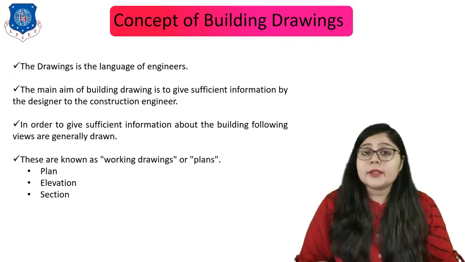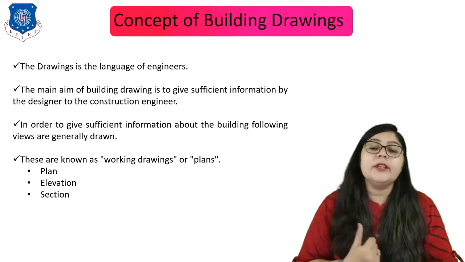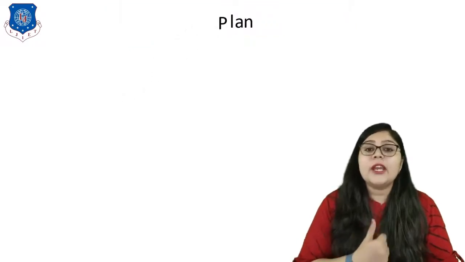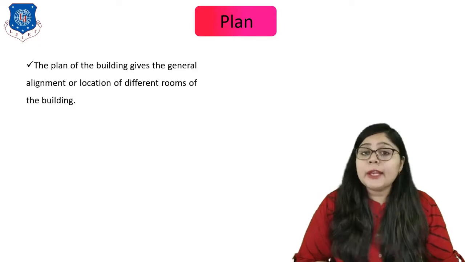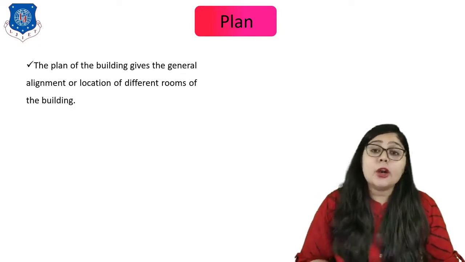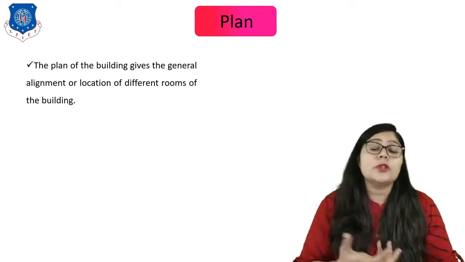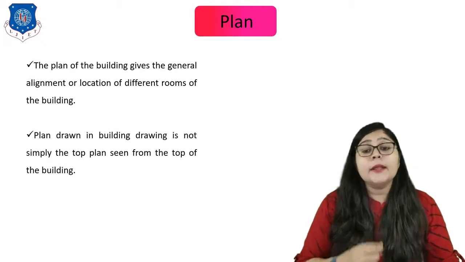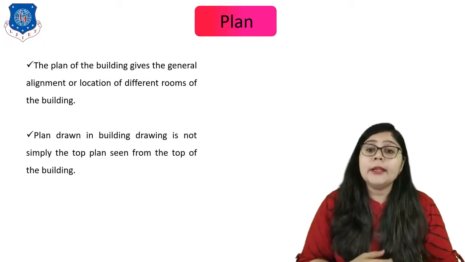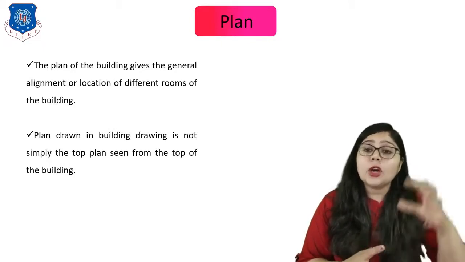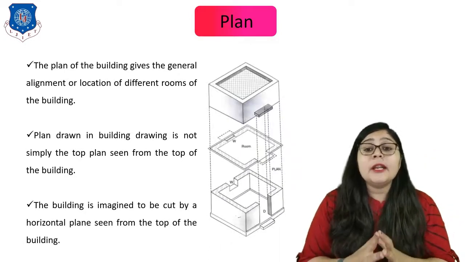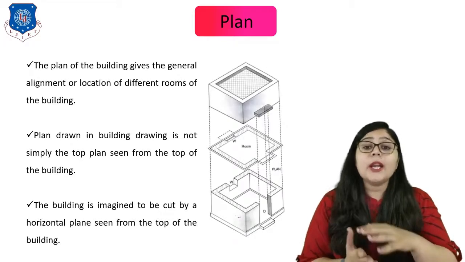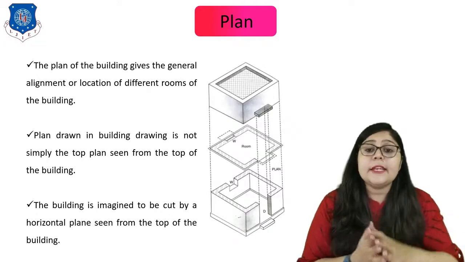Now let us understand these three terms in detail, where first we are going to discuss the plan. The plan of a building gives the general alignment or location of the different rooms of the building. The plan drawn for a building is not simply the top view seen from the top of the building, but here the building is imagined to be cut by a horizontal plane and seen from the top.